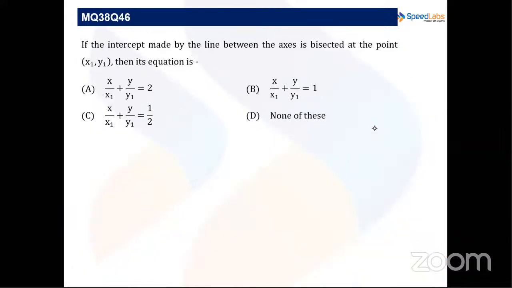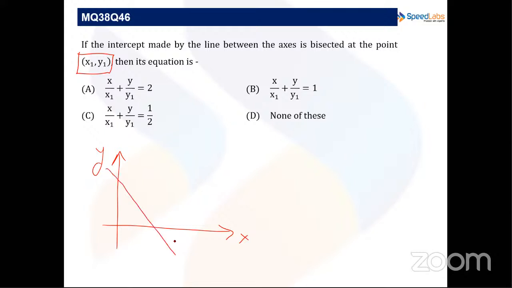Now, moving to the next question, we have: if the intercept made by the line between the axes is bisected at this point, then the equation is. So what we can do here is we can clearly see we have a line which makes some intercepts on the axis, that is on x-axis and y-axis.